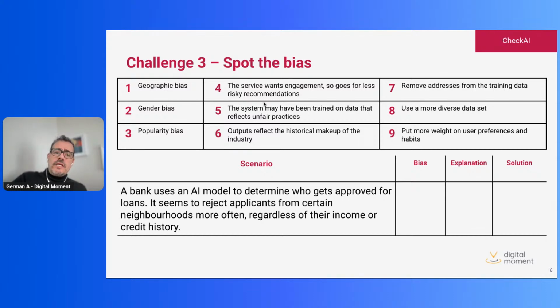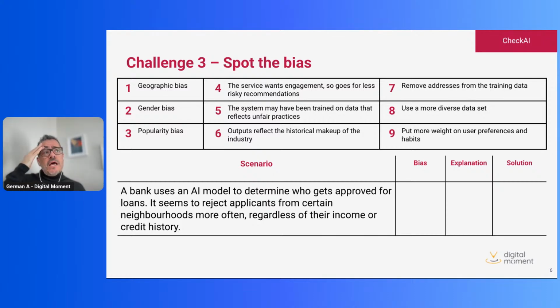If we think about the explanation, the first says the service wants engagement, so it goes for less risky recommendations. The wording engagement doesn't quite apply. It sounds weird for a credit. Let's see, the system may have been trained on data that reflects unfair practices. Yeah, maybe that could be. And outputs reflect the historical makeup of the industry.